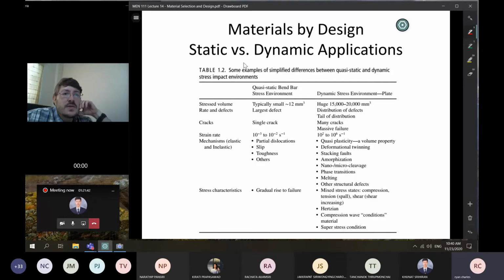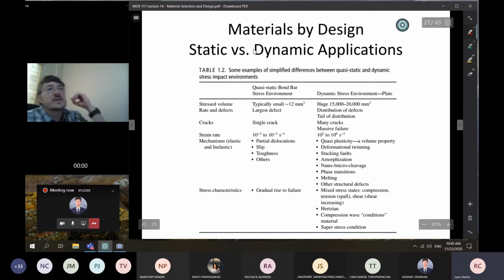So you care an awful lot about static properties. But remember I mentioned with mechanical properties, there is the effective rate, how quickly you test a material. So if you design a car, you care about its behavior when it crashes into something going very quickly. All right. So you have static versus dynamic.